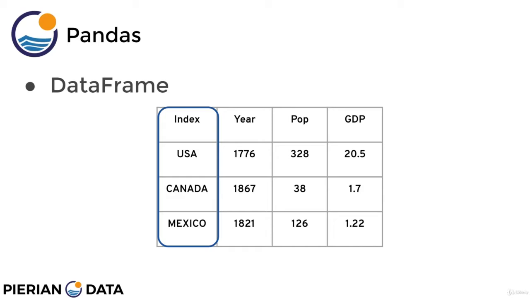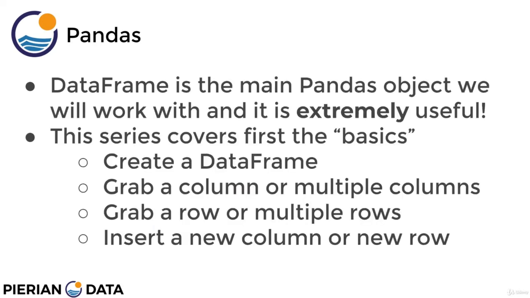So this looks a lot like a spreadsheet, which is essentially what it is at a very high level overview, where each individual column is just a Pandas series, and they all just share the same index. As I mentioned, data frames are really the main Pandas objects we're going to be working with, and they're super useful. What we're going to do in this series is first just cover the very basics.